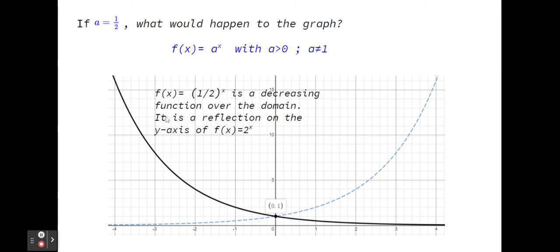However, this is a decreasing function over the domain. We can think of it as a reflection of f of x equals 2 to the power of x over the y-axis. And that makes sense because each time the values are half of the previous ones. So this function is a decreasing function.